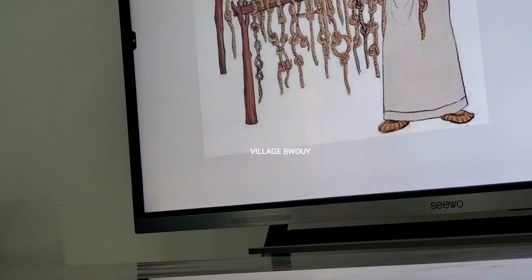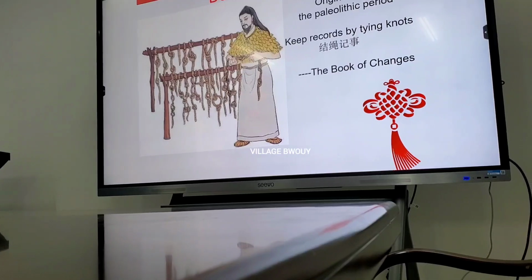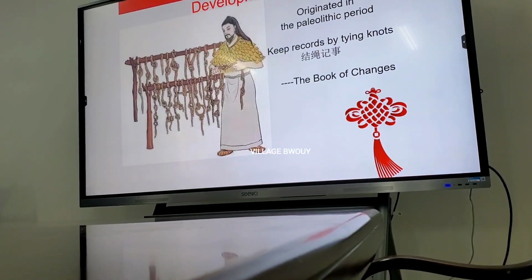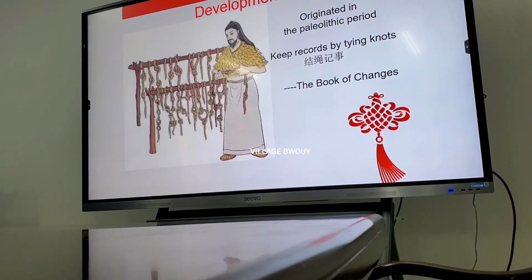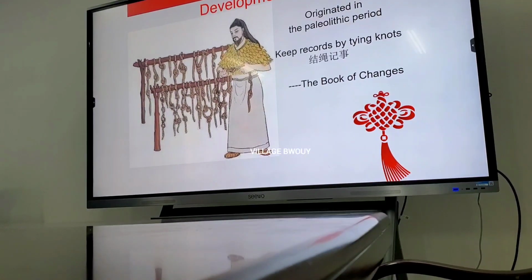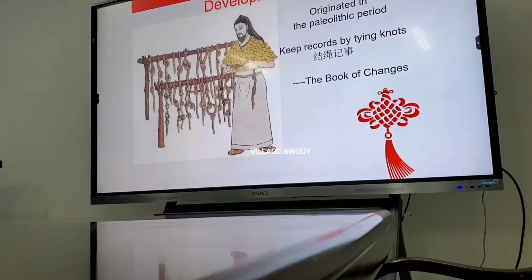Okay, so at first we're going to see that Chinese knots originated in the Paleolithic period in China, which was used to keep records. So right before the Chinese characters were invented. Okay, so it was used for keeping the stories or the big events.